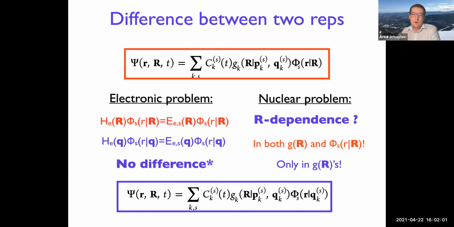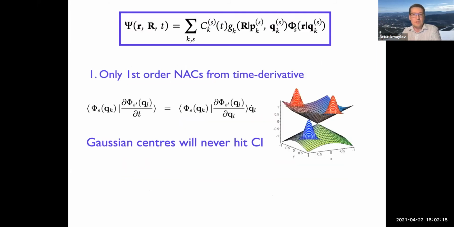Now for the nuclear problem, there is a big difference, because now the only nuclear dependence we have in our ansatz is in the Gaussian, and our electronic functions do not depend on the nuclear coordinates anymore. The effect of that is quite tremendous. If we're talking about couplings between two electronic states, we don't have any more coupling because of the nuclear kinetic energy operator.